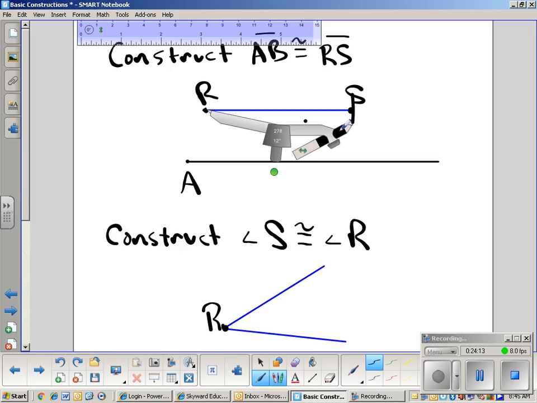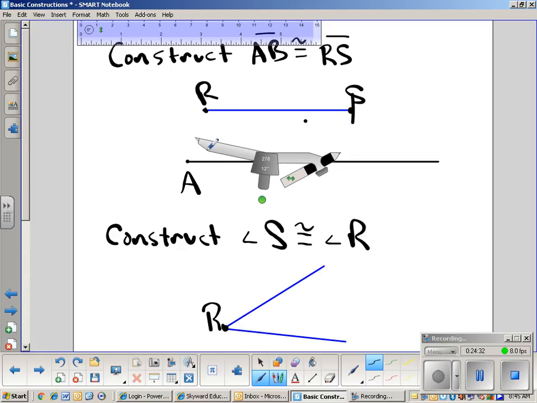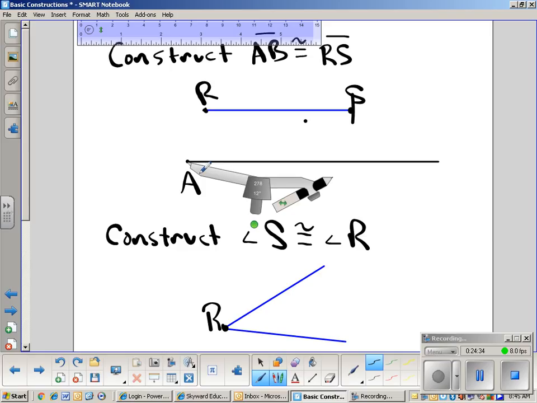When you measure RS, put a little mark out there to make sure your lead is really drawing where you mean for it to draw. So step 3 was measure RS with your compass and make a little mark at S. And then step 4, move down to A and mark where B should go, and label it B.